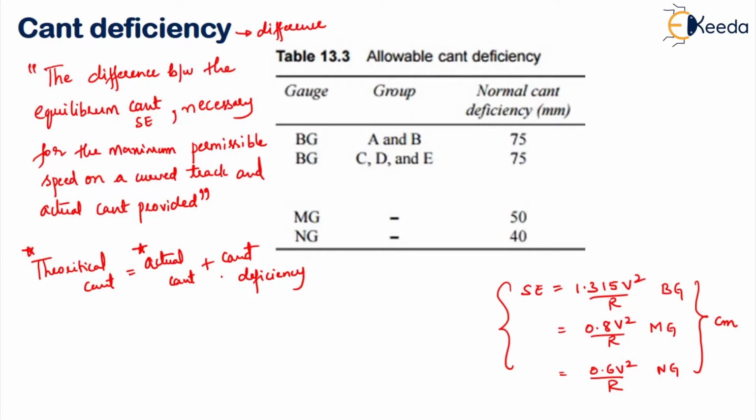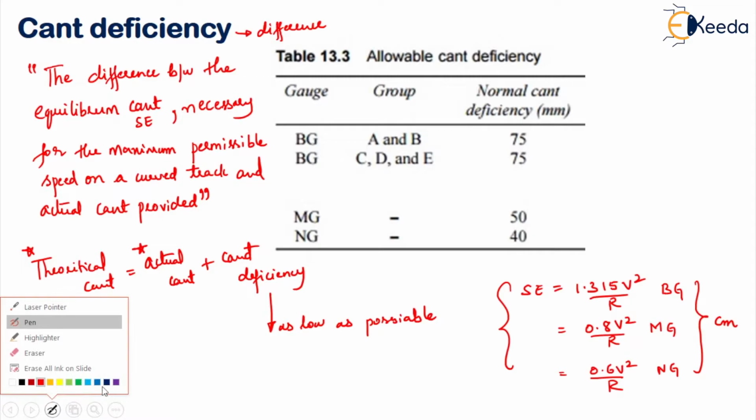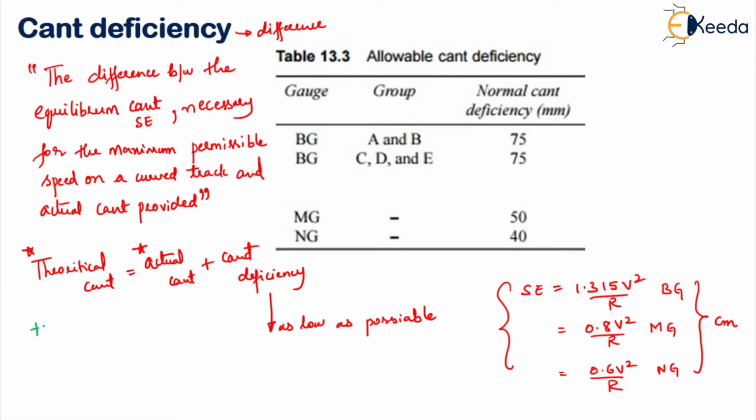We have to make sure that this cant deficiency is as low as possible, because if it is high, it has many disadvantages. If your cant deficiency is high, it has many what? Disadvantages.